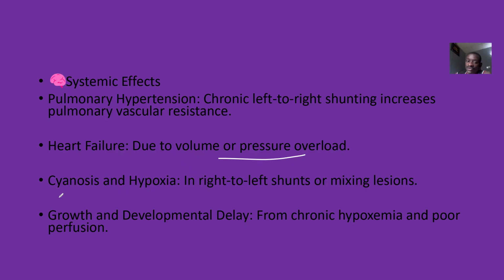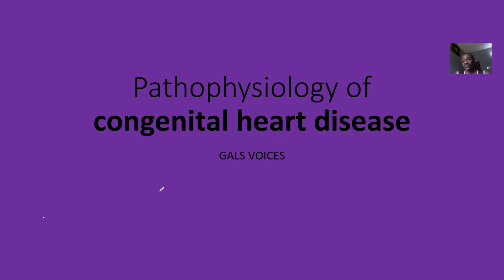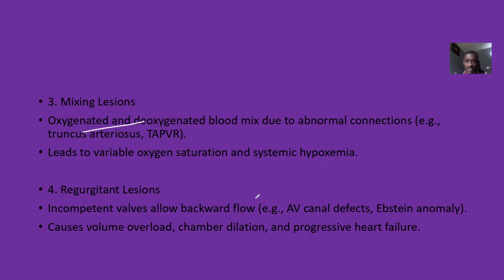Then of course oxygen supply is not adequate, so you have cyanosis, then growth and developmental delays. Okay, so that's it for the pathophysiology, the various mechanisms for how these congenital heart diseases actually come to be.